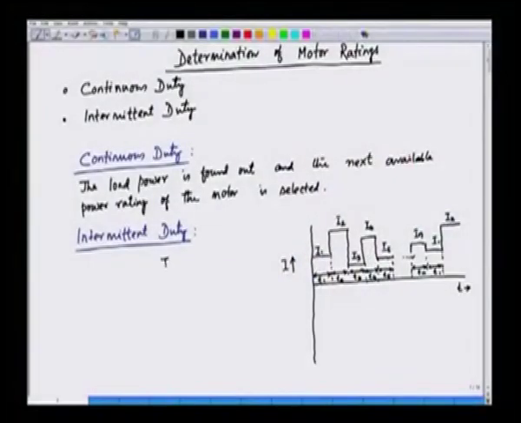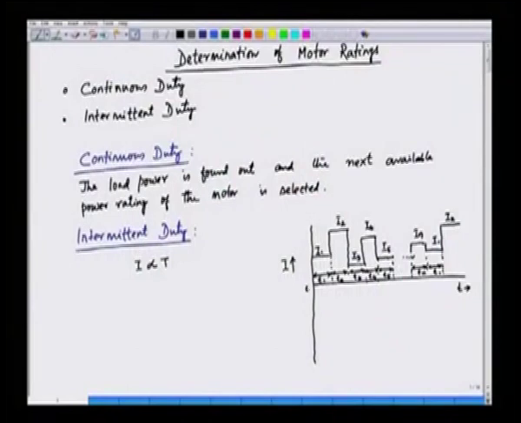So here our assumption is that the torque and the currents are proportional. In fact, I is proportional to the torque. So if the torque variation is T1, T2, T3, T4 up to Tn, the corresponding current variations are also I1, I2, I3, I4 up to IN.